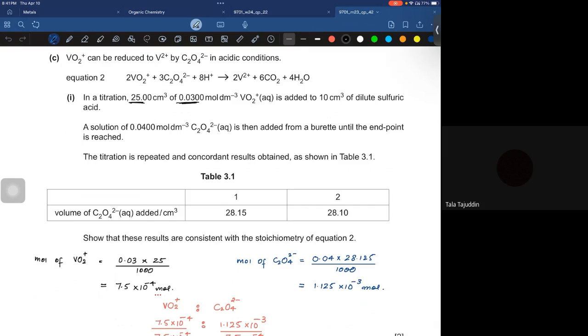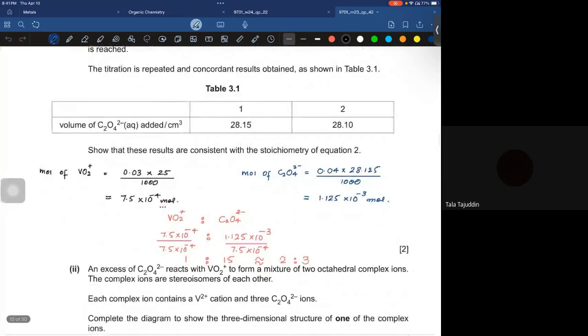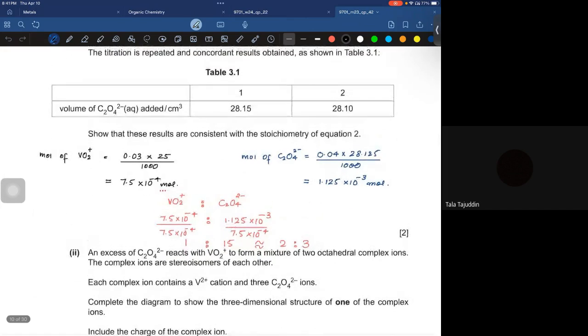A solution of 0.04 mol dm⁻³ C2O4 2- is then added from a burette until the end point is reached. The titration is repeated and concordant results obtained as shown in the figure. Table 3.1 shows these results. Show that these results are consistent with the stoichiometry of equation 2.